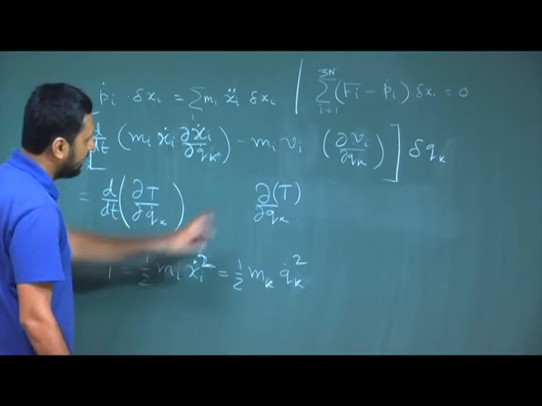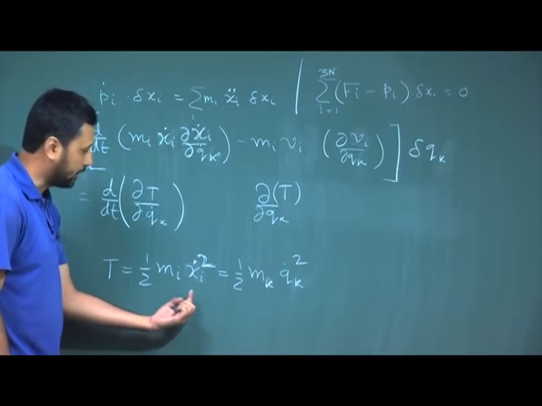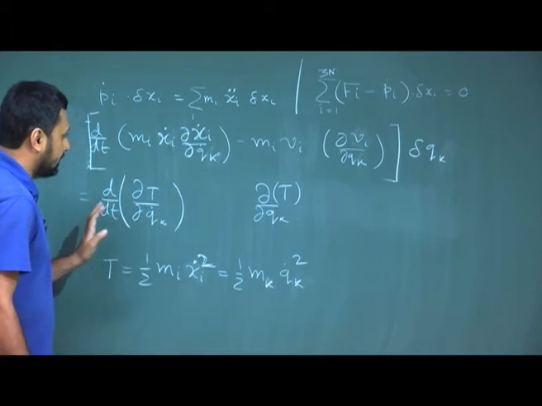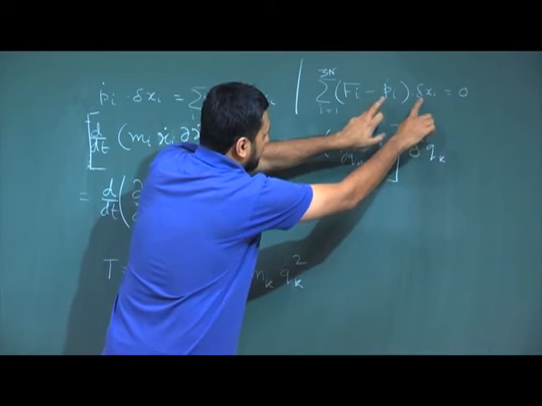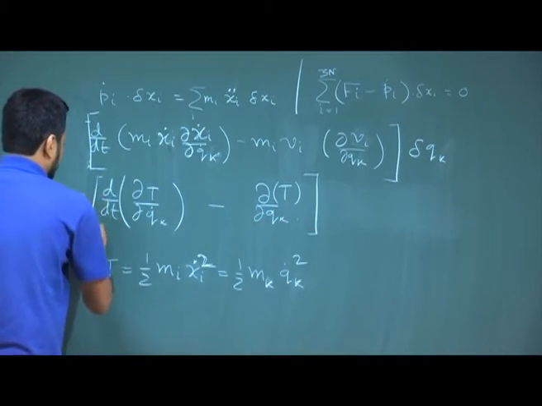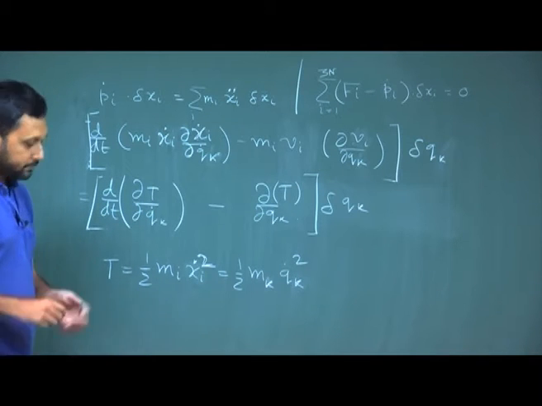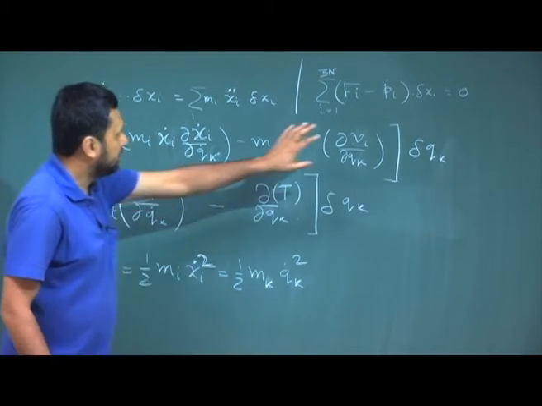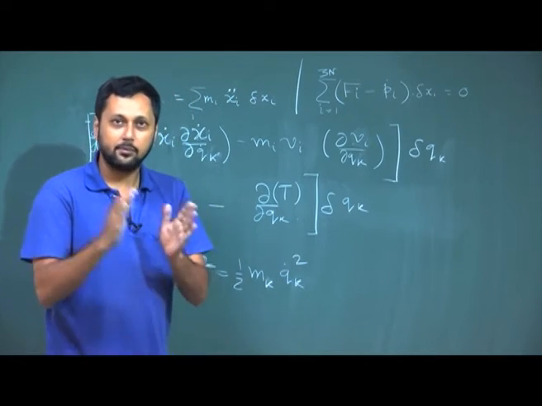Once again T is equal to half mi vi square, or xi dot square. This identification helps us write the first term of D'Alembert's principle in this particular equation as this, and this whole thing will be multiplied by delta qk. If we go back to D'Alembert's principle, it is a combination of many terms, and each term has two aspects.